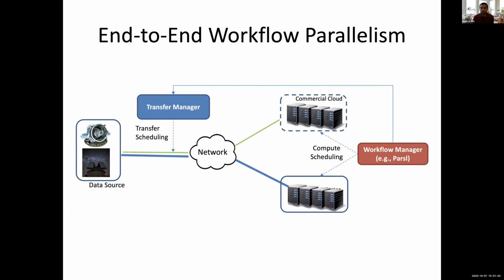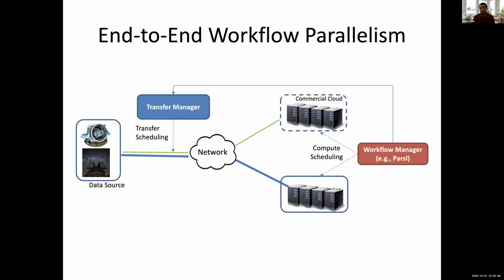So what we are proposing in this architecture is that we'd like to rely on Parcel, because Parcel is a workflow manager that can schedule and grow your computation power in an adaptive manner, right? It supports elastic scheduling where you can grow your computation power as you need.